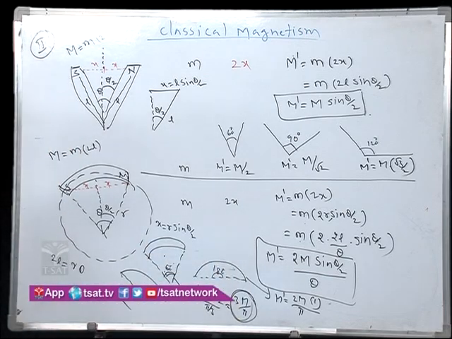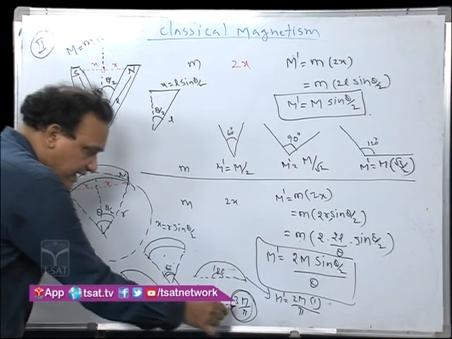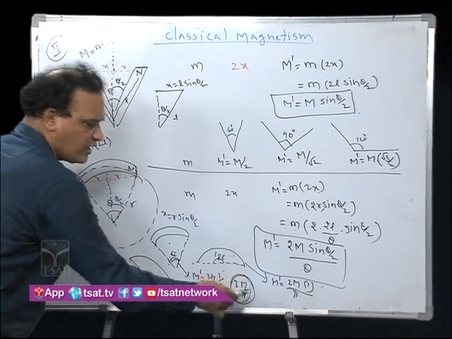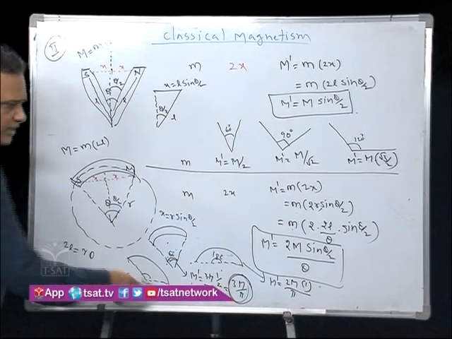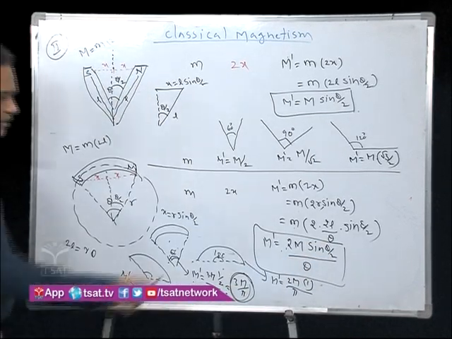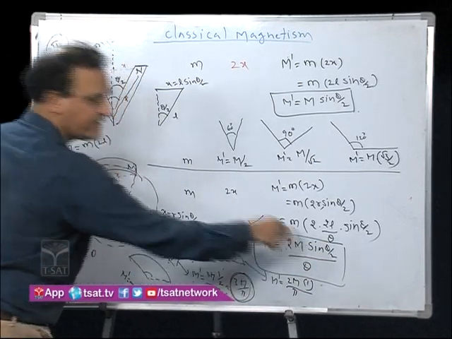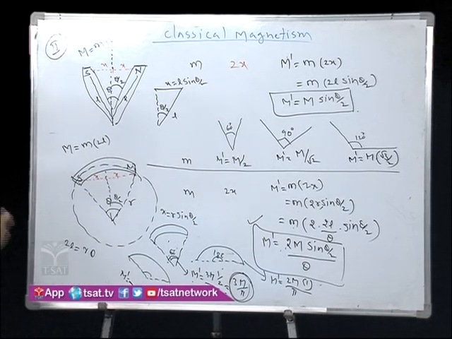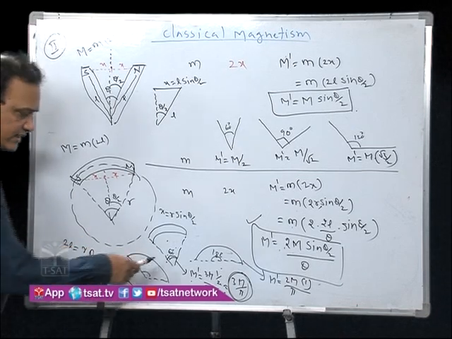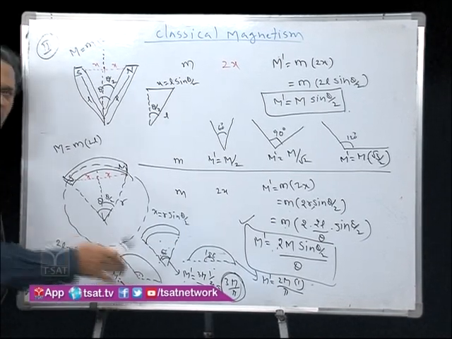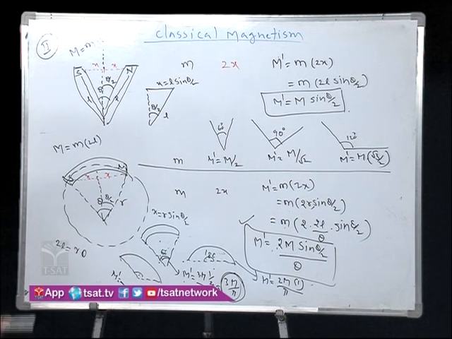Most students learn only this part, m dash is equal to 2m into 1 by 2 by pi by 3, or 3m by pi, or otherwise 2m sin theta by 2 by theta. But first of all, students should learn how to get this equation, so that in another competitive examination it may be 60 degrees, 180 degrees, 120 degrees or any other angle.